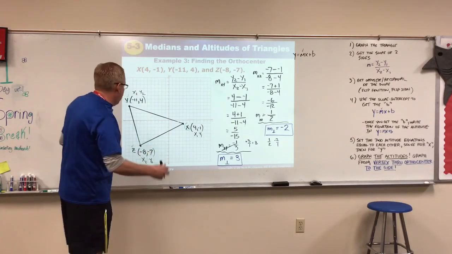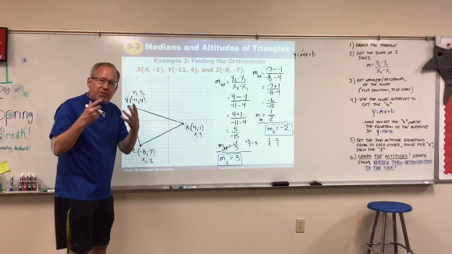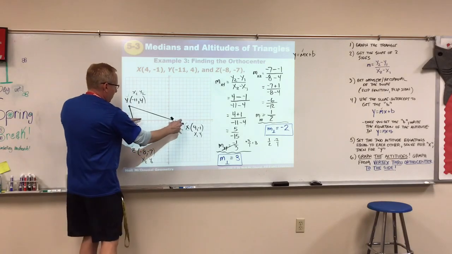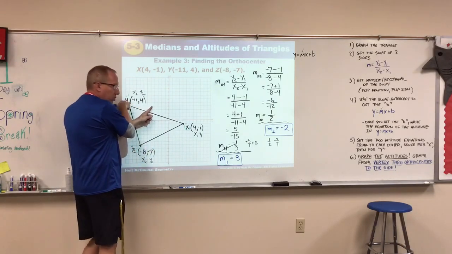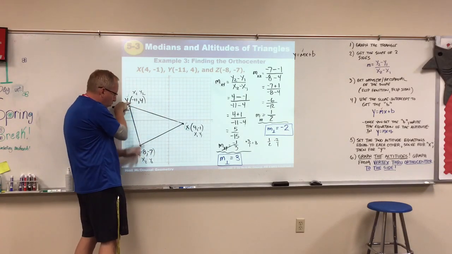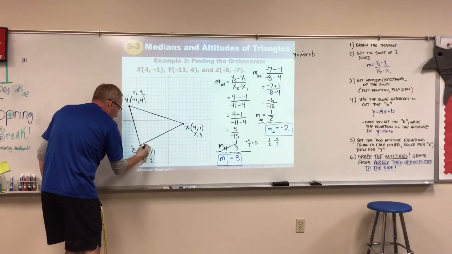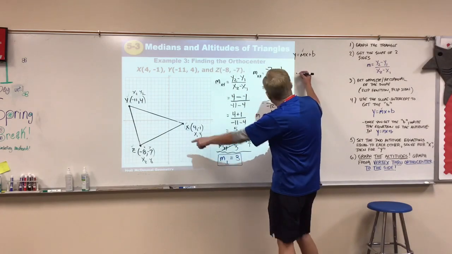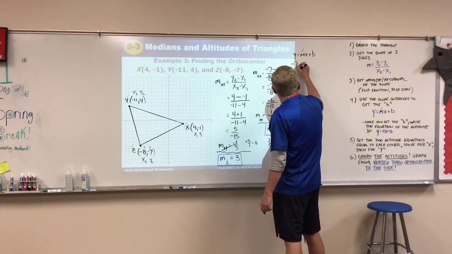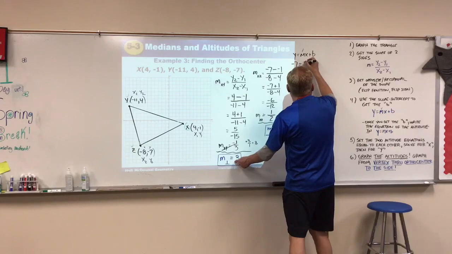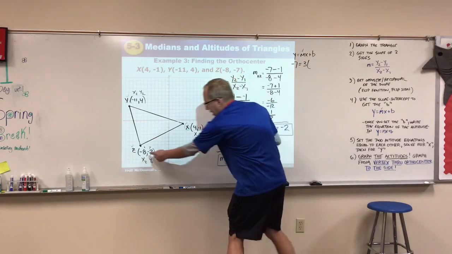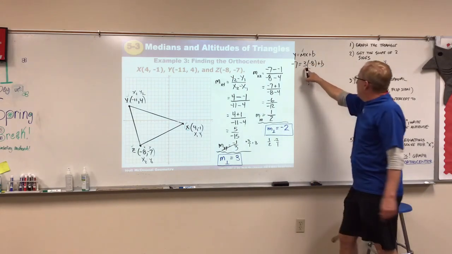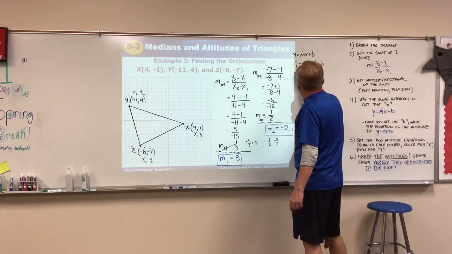The shortcut is you use the vertex of the letter that is not part of the line. This is xy, so you're going to use the vertex that's not in there, which in this case is z. So y is negative 7 equals my slope, 3, times x, which is negative 8, plus b. 3 times negative 8 is negative 24.